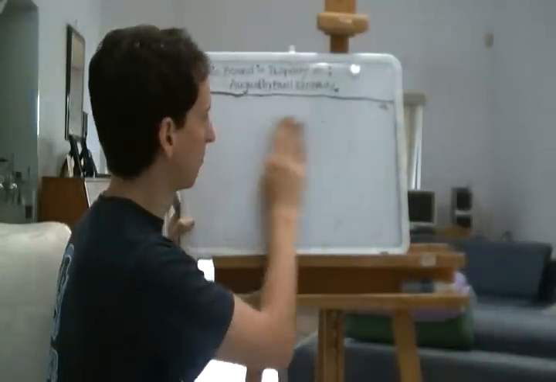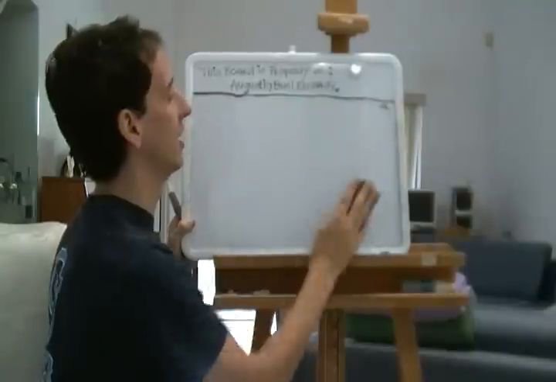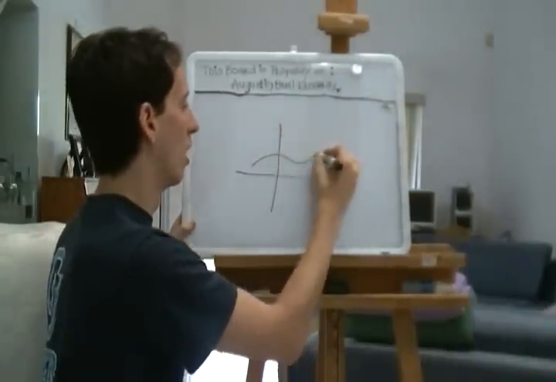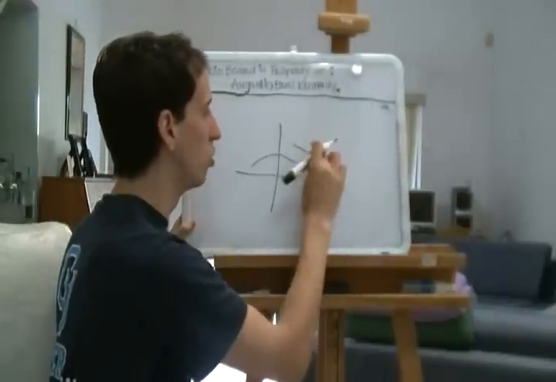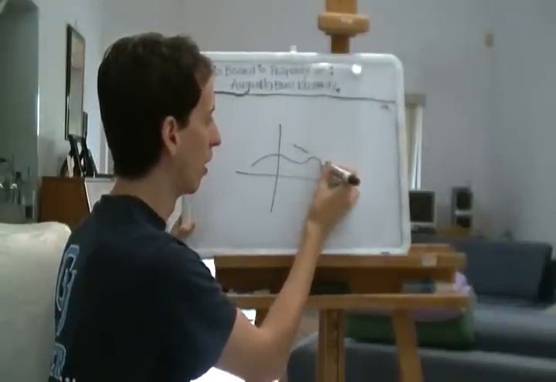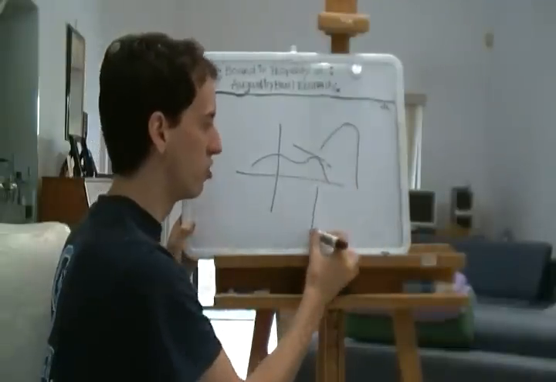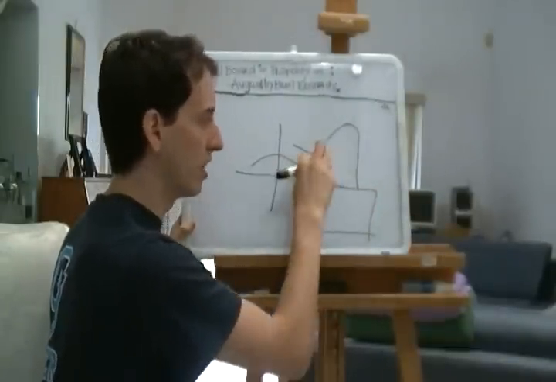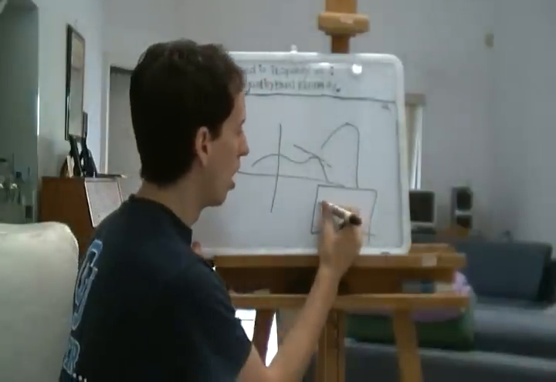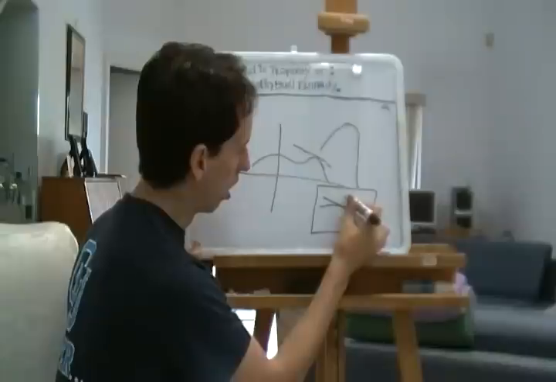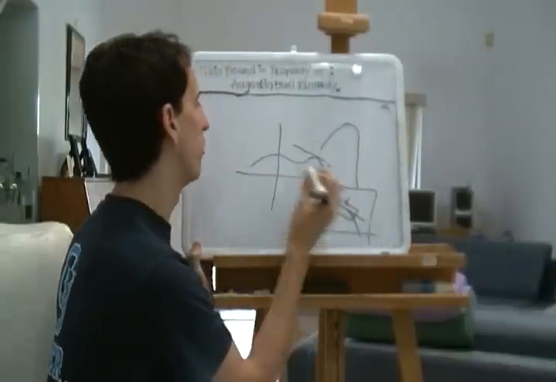This idea is founded in the idea that for any graph, the closer and closer you zoom in on the graph, if we take that function right there and we zoom in on it, we'll see that little hump, look at it there, and then we're going to zoom in even further.